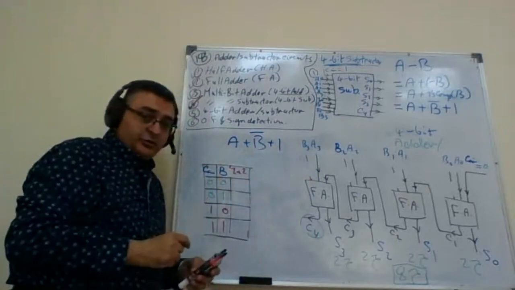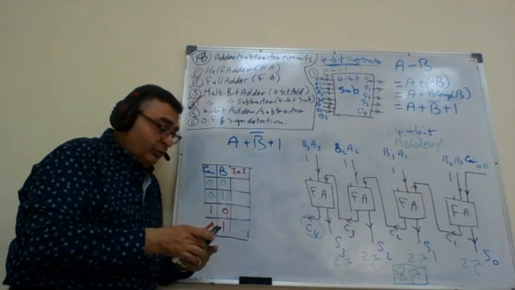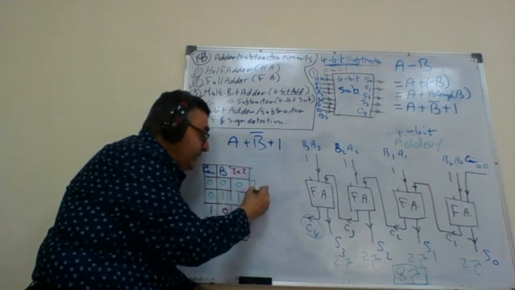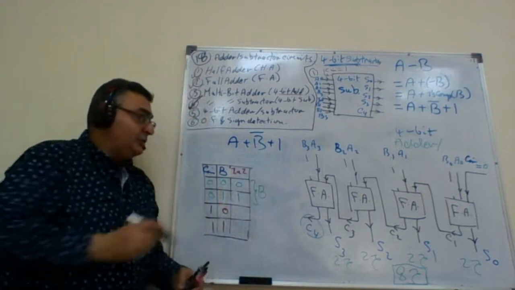The output of this circuit, when Cin equals 0, will be identical to B.